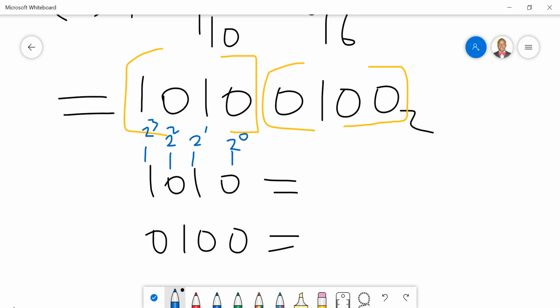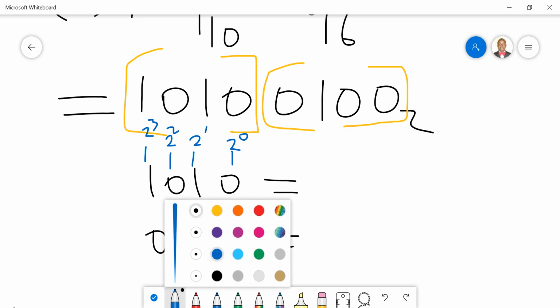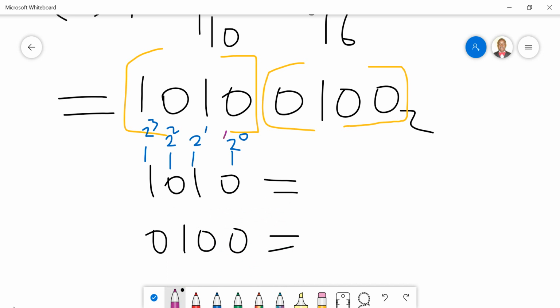Then 1 multiplied by 2 to the power 1 is 2, and here we will have 0, and the last one, because it's 1, we will have 1 multiplied by 2 to the power 3, which is 8. So it means that it's 8 plus 2, which is 10. So here the answer is 10.